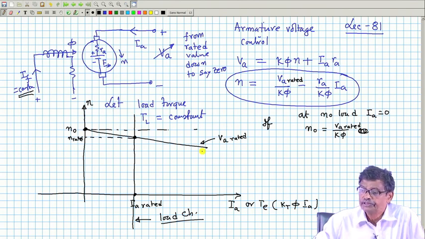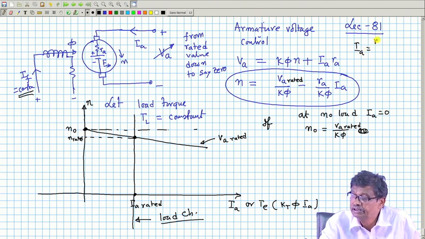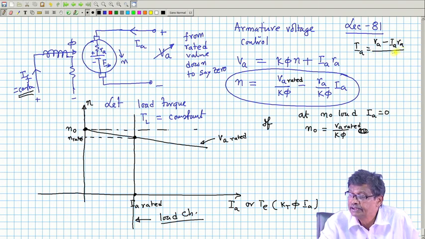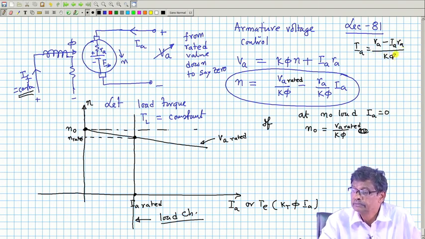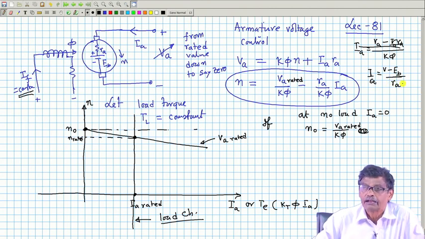Armature current, I am sorry, I will write it like this: I A is equal to V minus back EMF, by R A. This is the expression for the armature current.